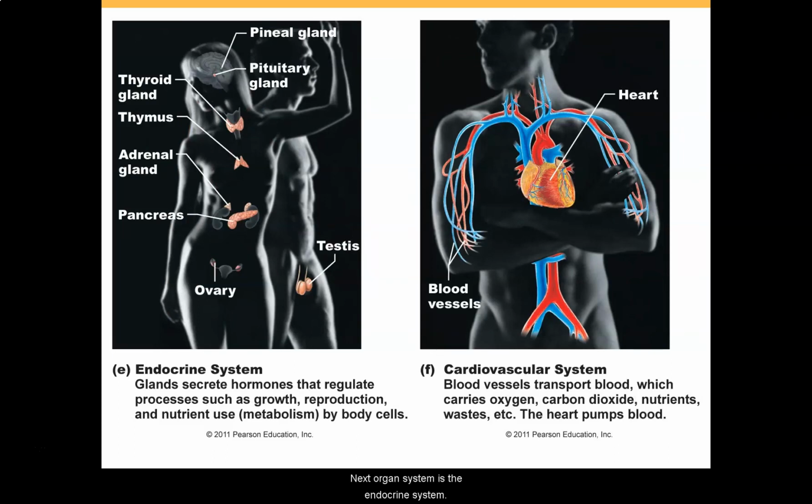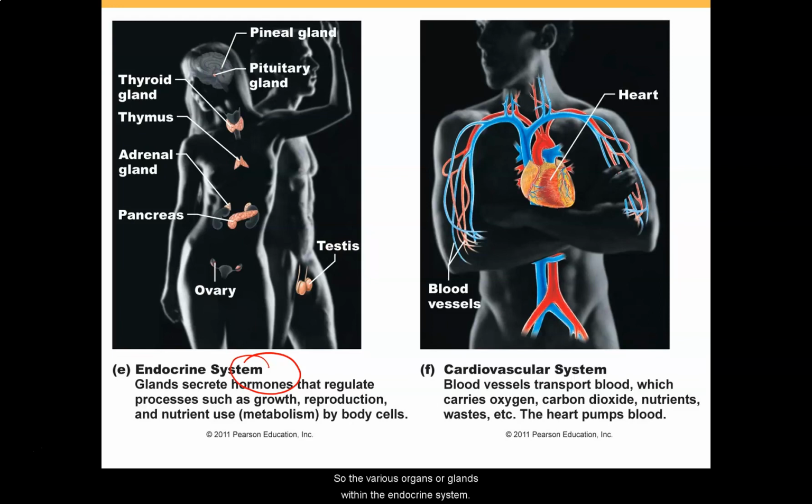The next organ system is the endocrine system. In a similar fashion to the nervous system, the endocrine system also controls many of our body's organs. But one of the major differences between the endocrine system and the nervous system is that the endocrine system communicates with the various organs of the body through the use of chemical messengers known as hormones.